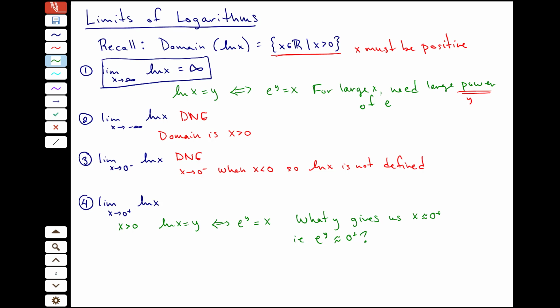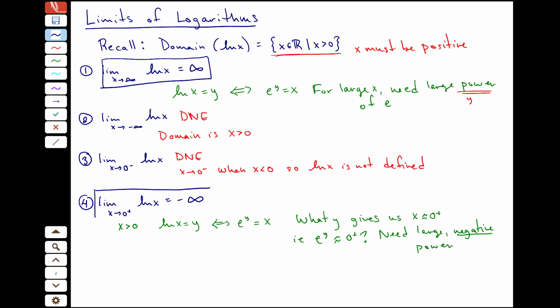Well, what we saw on the last slide is that we need a large negative power. And so this limit, as x goes to 0 from the right of the natural logarithm, is going to be negative infinity.